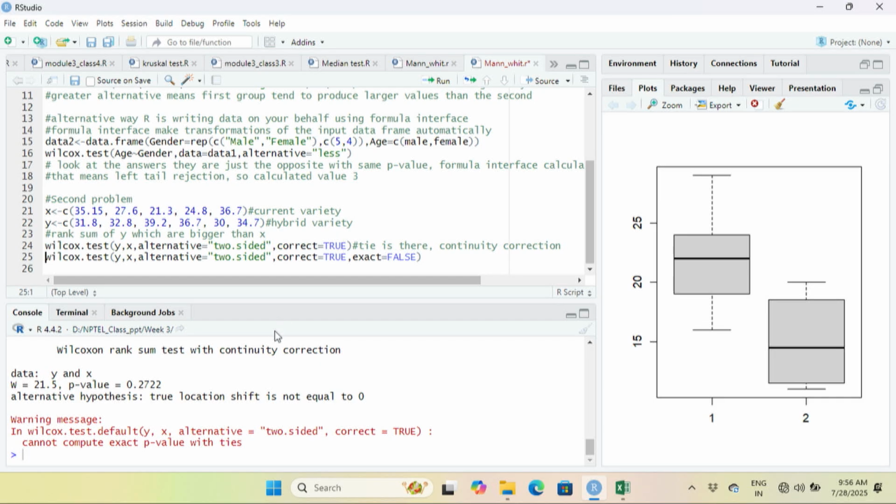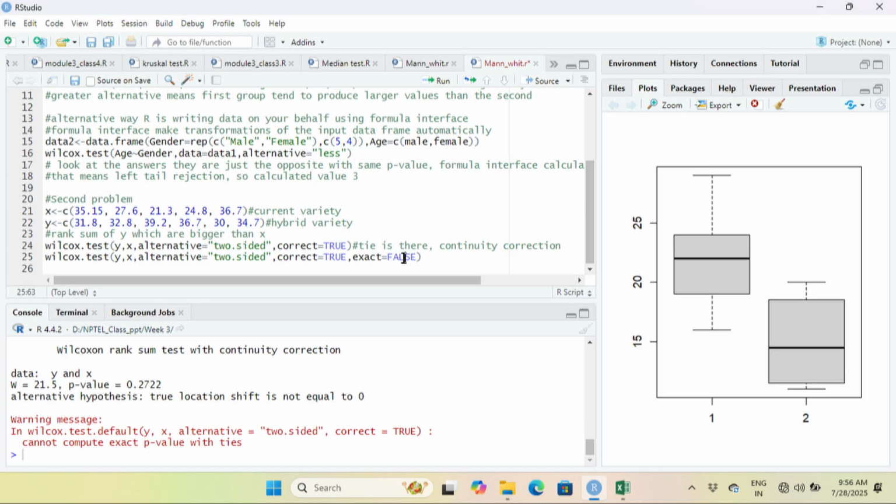Why? Because the exact null distribution of the test statistic is not possible. So just to wipe out this warning message, you have to write exact is equal to FALSE. That is okay, we are not in need of the exact distribution of the null hypothetical test statistic.